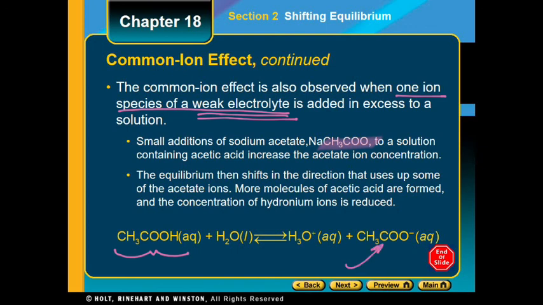The equilibrium will then shift in the direction that uses up some of the acetate ion, and more molecules of acetic acid are formed, because that means it's going to go over here to the reverse reaction, and more molecules of acetic acid are formed, and the concentration of hydronium ions is reduced. So again, hydronium ions being reduced, that is our hydronium ions. So if we did add a little bit of sodium acetate to this, the common ion is the acetate ion. It will move in the reverse direction to reproduce some of our acetic acid.